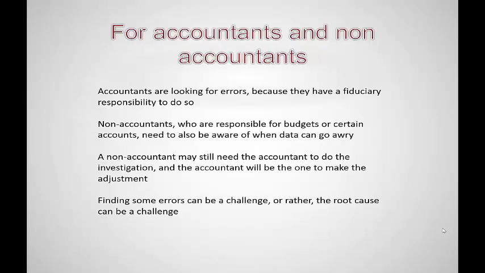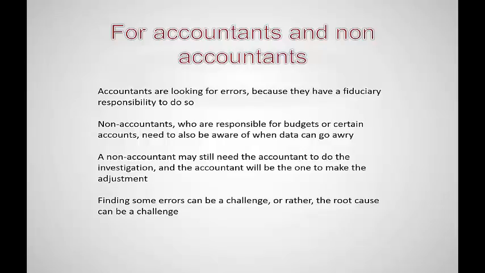So for accountants, their job is to look for errors. Part of their fiduciary responsibility in a company is to make sure that they create accurate financial statements. And non-accountants can also be the eyes that look for certain problems in data, because other people besides accountants are responsible for budgets or certain accounts in the general ledger, and they also can be on the lookout for things that look funny or don't quite make sense.